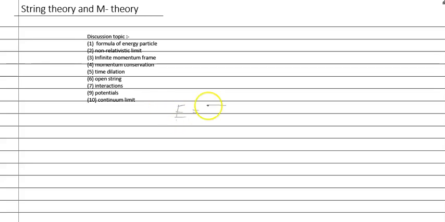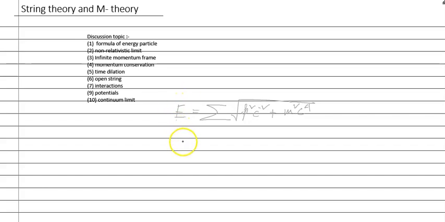E equals summation of the square root of p squared c squared plus m squared c to the power 4, and the energy is the sum over all particles of again the square root of p squared plus m squared.